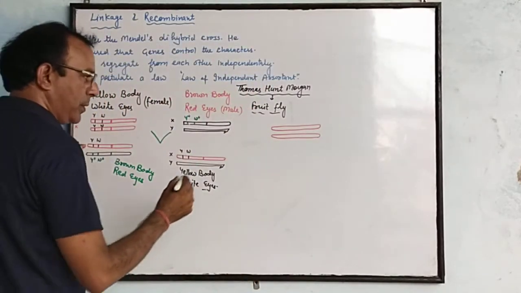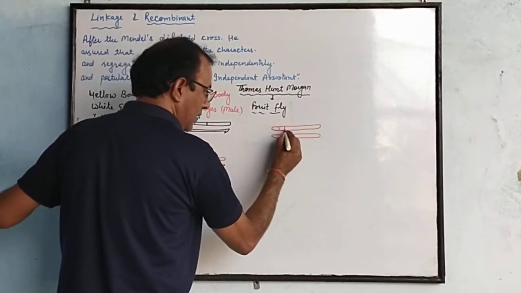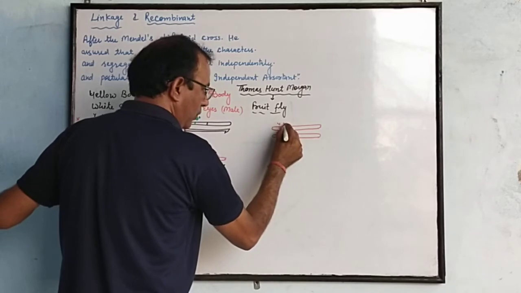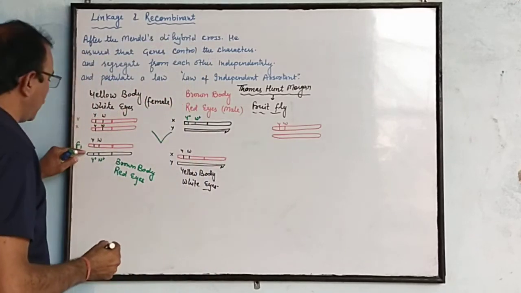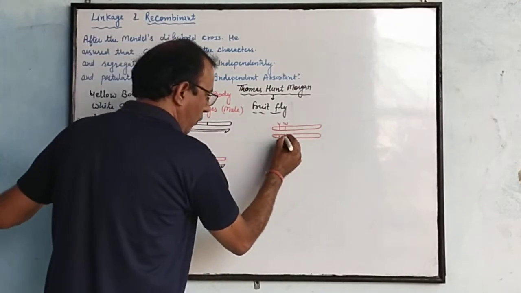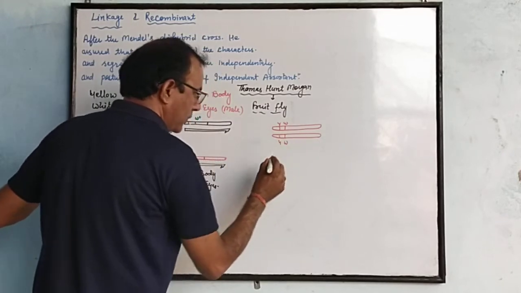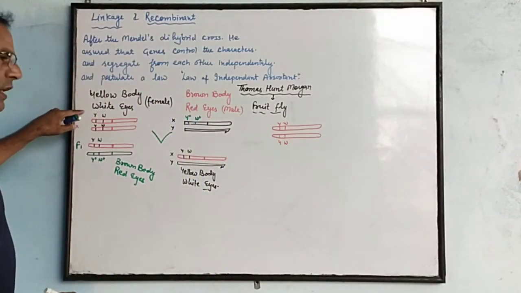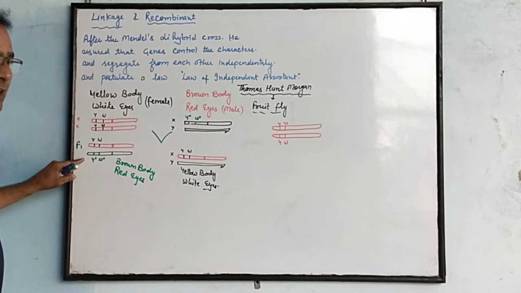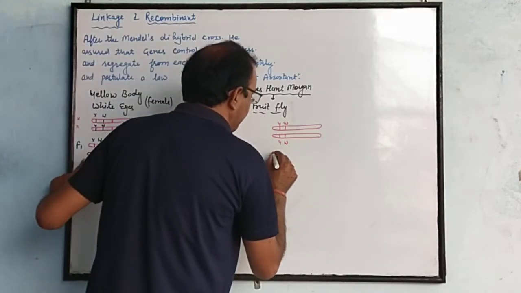This X makes its copy, it makes the YW, it makes its copy, then this one is also YW, meaning yellow body, white eyes, and this X is also making its copy.